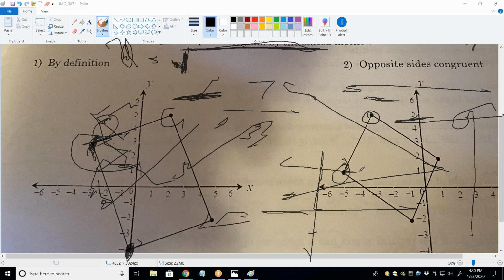Okay. See that little triangle I just drew? Oh yeah. Okay. What we're wanting to know is the hypotenuse of that triangle, right? Yeah.